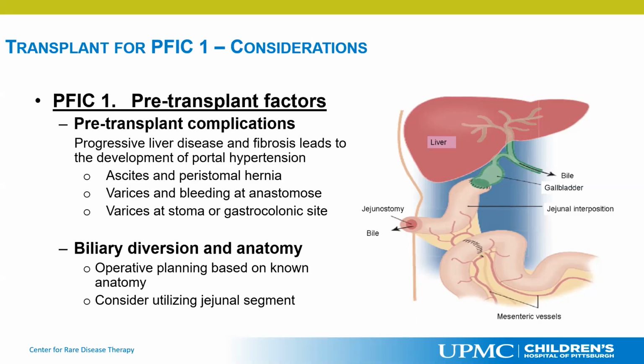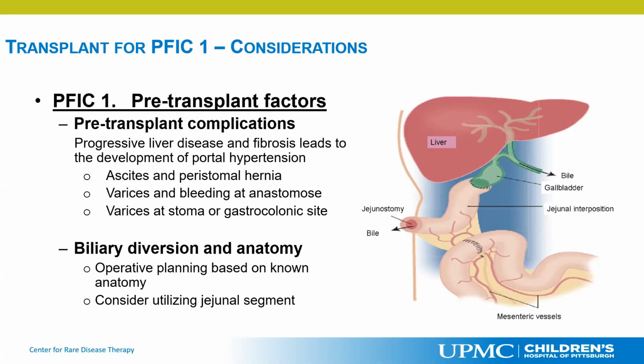which can leak out. At the same time, the blood vessels that drain this jejunal interposition are connected to the portal vein. And the portal vein goes into the liver, and it drains all of these. So when you have portal hypertension, you can develop varices at any site where the intestine is exposed.